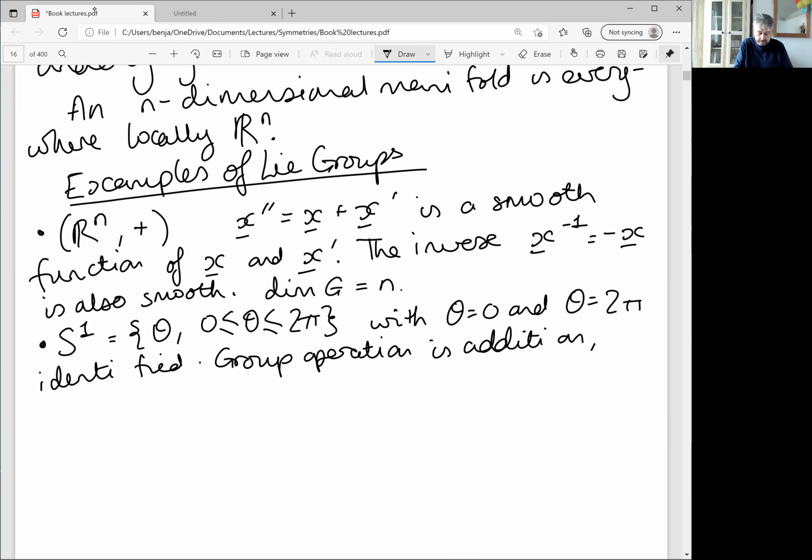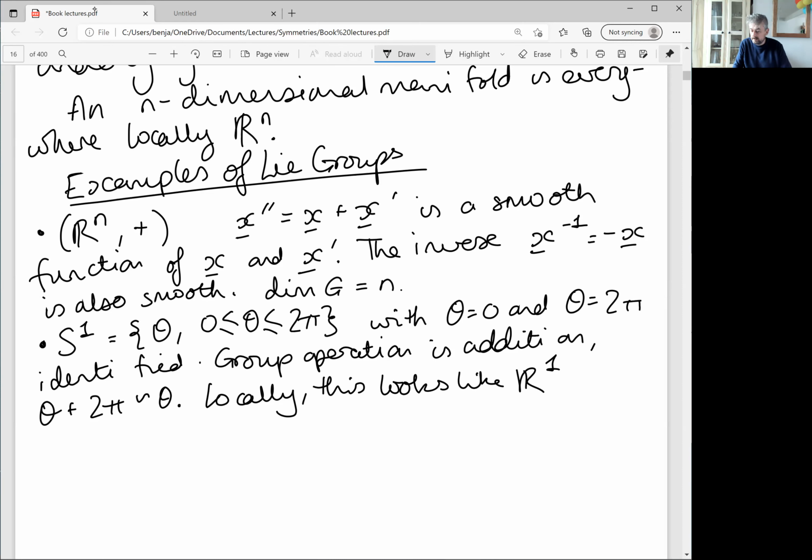And we have that theta plus 2 pi is equivalent to theta. So notice that, globally, this doesn't look like Euclidean space, but locally, if we focus in on a tiny patch of a huge circle, it does look like R^1. So it is a one-dimensional manifold.